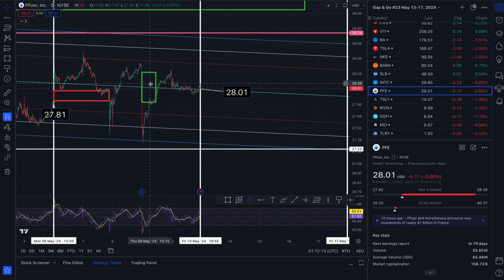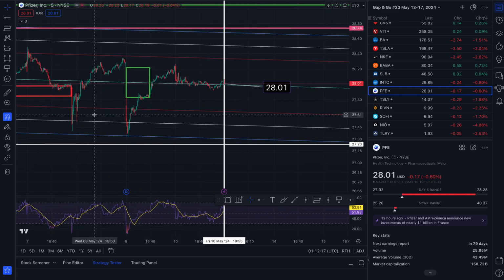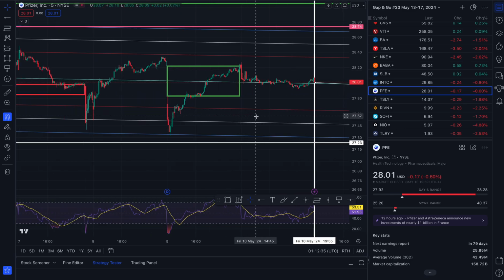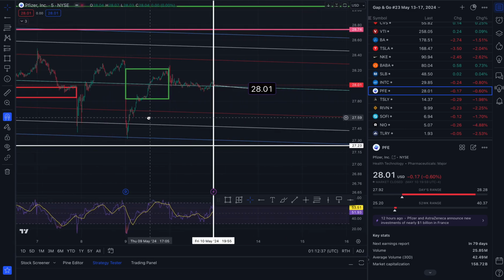No, Thursday, okay. Or Wednesday, I should say. I'm just giving you approximations, okay? No, that opened up Wednesday night, Thursday morning. Touched right there on Thursday, closed out at 28.22. So congratulations if you played that gap.